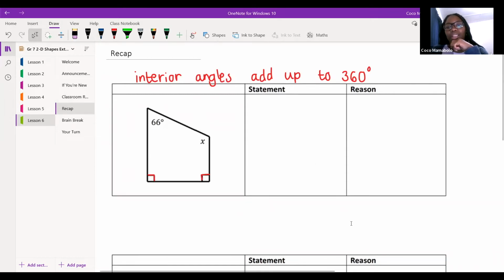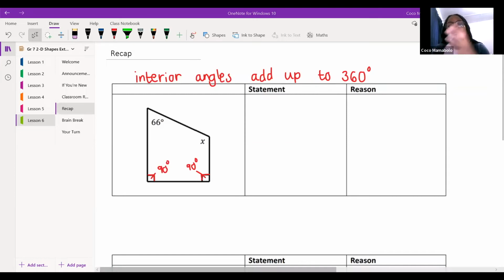Ma'am, the squares, they are the 90-degree angles. Excellent. Well done. Both of them are 90 degrees. Yes, it means that they're 90 degrees.